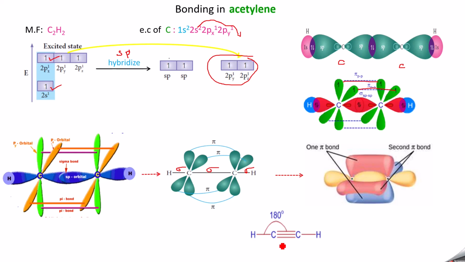So you have a CH sigma bond, CH sigma bond, and in between carbon and carbon you have a sigma bond, and these two are the pi bonds. You have 2 pi bonds. So totally 3 sigma bonds and 2 pi bonds. The shape of the molecule is linear. So this is the case with acetylene.